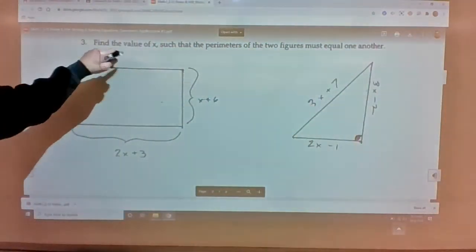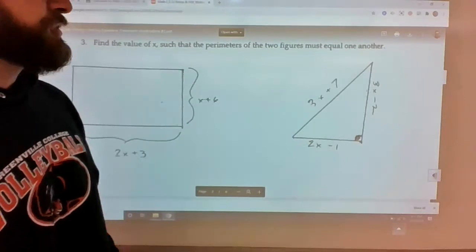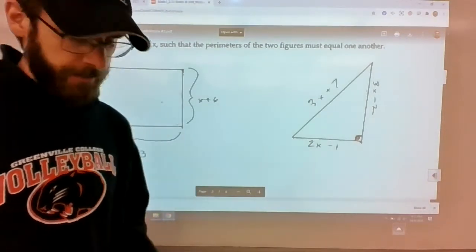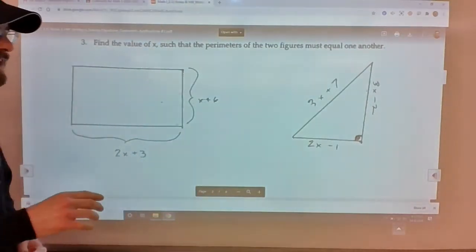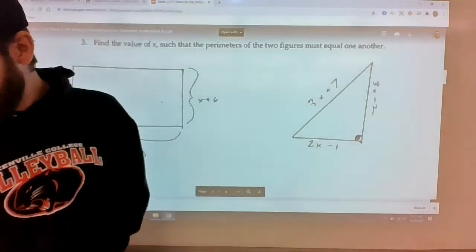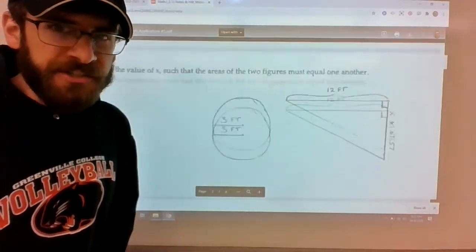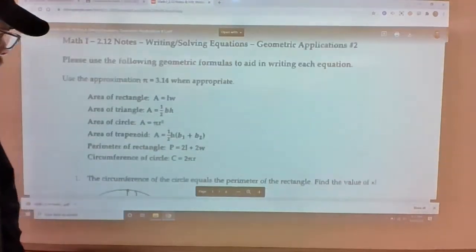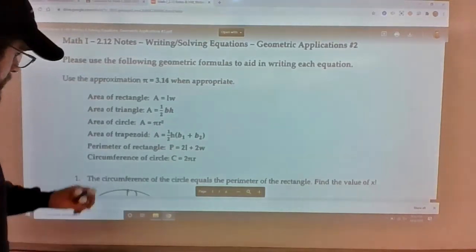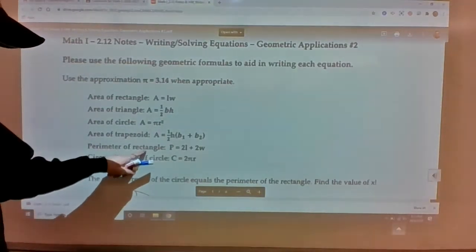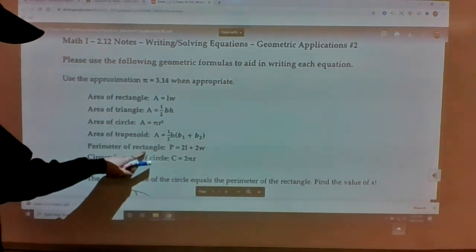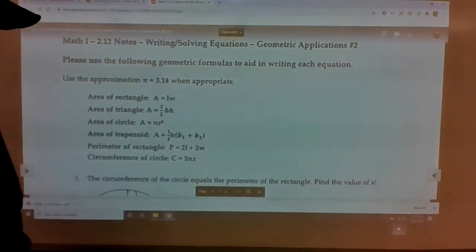This one says, find the value of x such that the parameters of the two figures must equal one another. So if you scan the top formula sheet, you'll find that there is no parameter formula for a triangle. I see a parameter for a rectangle, 2L plus 2W, but I don't see anything for a triangle.